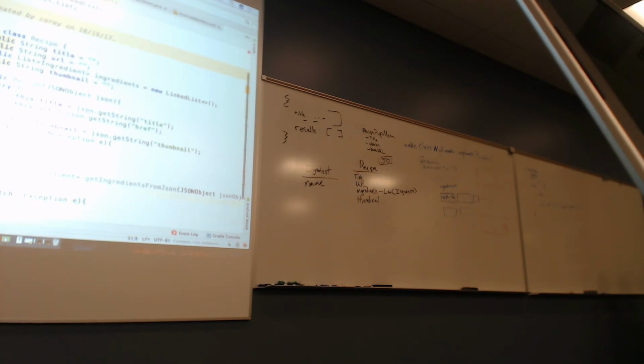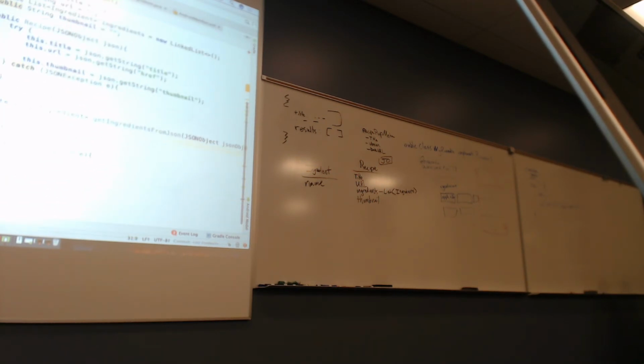And actually, I'm going to make a list of ingredient result equals new linked list, because that's what I use. And then I'll return my result at the bottom, outside of your try catch. That way, you guarantee you're at least not past the back end.